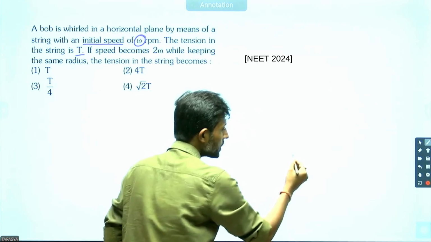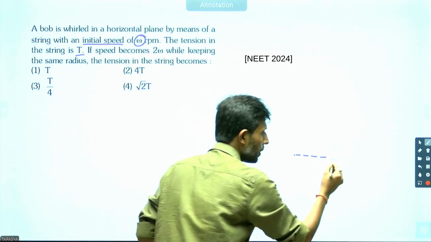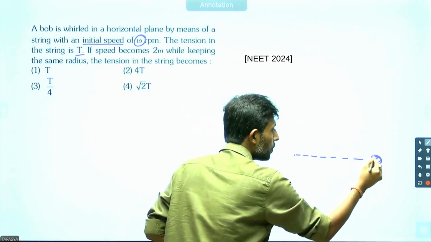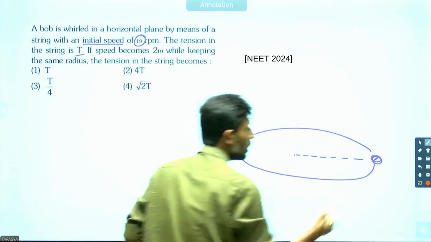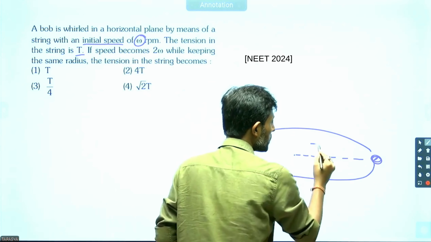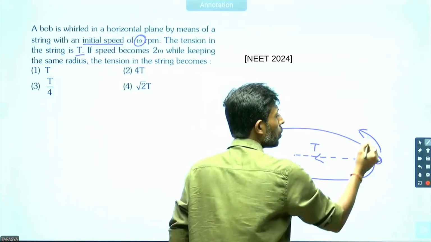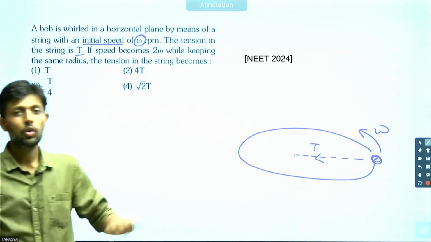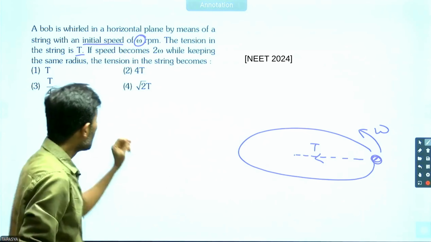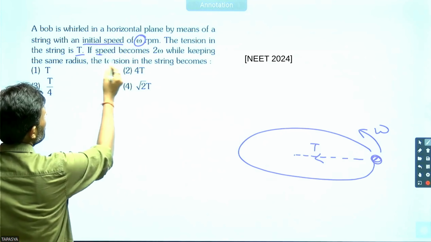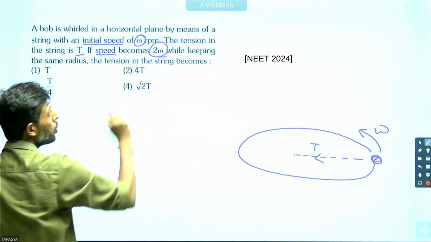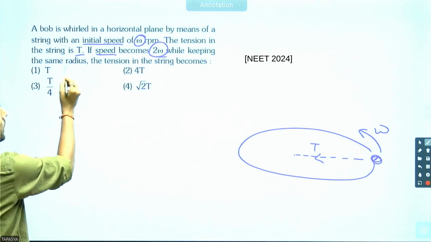So it's a very similar scenario to the one in the diagram where there was a bob going around in a horizontal circle. It's given that initially the tension is T when this is rotating with omega. And they're asking, what if the angular speed becomes 2 omega while keeping the same radius?